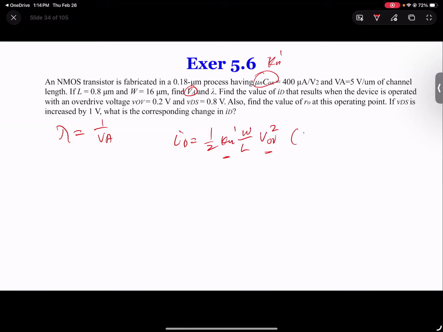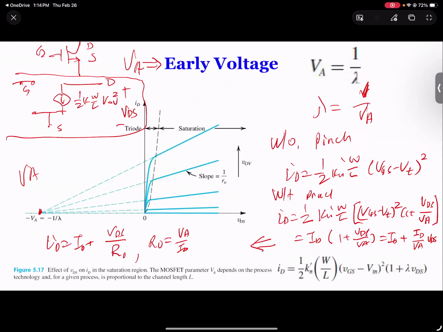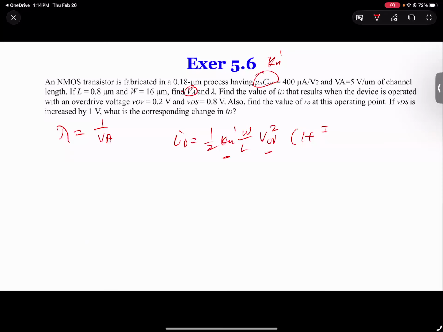And then here you use ID over VA times VDS. Plugging in the numbers, you can find ID because you have only one variable.